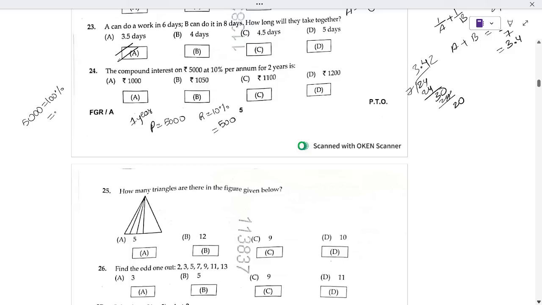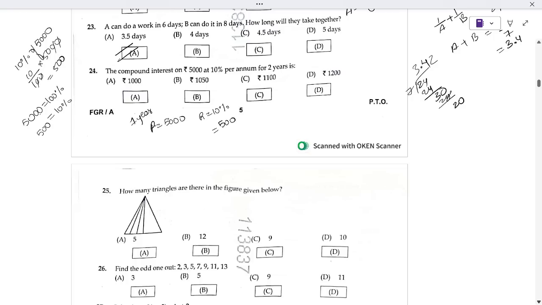That means 10% is 500. Normal method will be 10% of 5,000, 10 by 100 into 5,000, then cancel, 10 into 50 is 500, same.